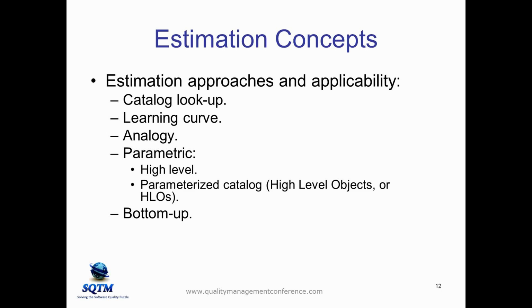And parametric, there's the high-level parametric, where you're estimating in terms of things that are only nebulously related to the actual functionality that's being delivered. An example would be with satellites. Maybe you're looking at the weight of the satellite tends to be related to the cost of the satellite.